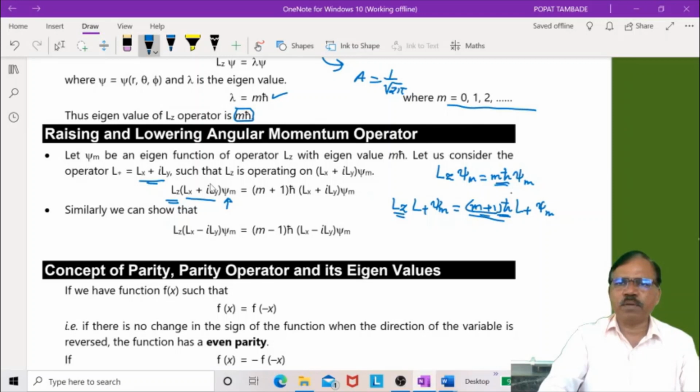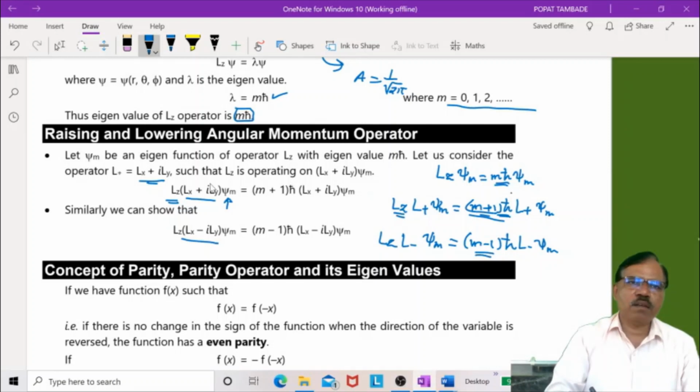If we use Lz L minus psi m, we get m minus 1 h bar L minus psi m. So here eigenvalue decreases by h bar. So this L plus is called raising operator, and L minus is called lowering operator.